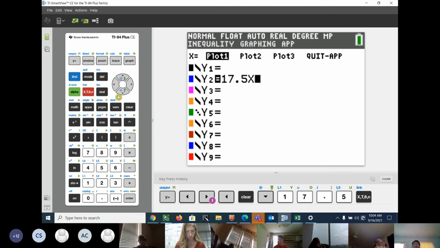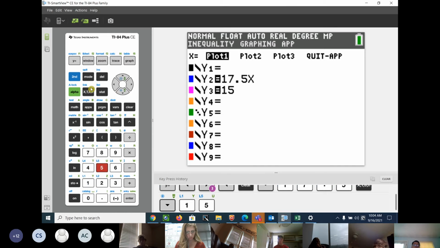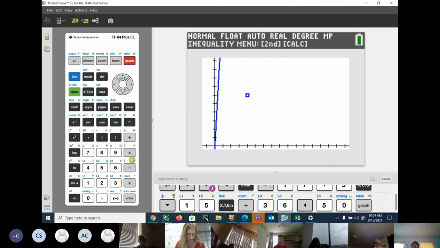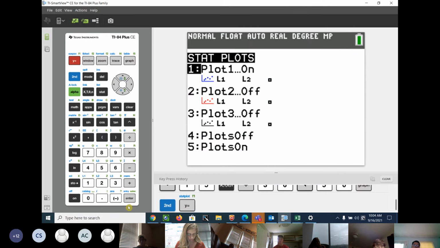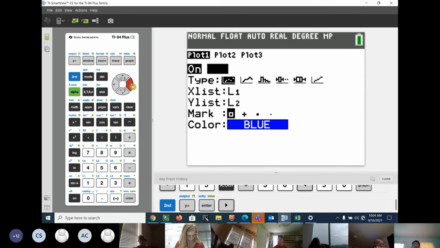And then I'm going to drop down to the magenta and 15x plus 350. Not 360, 350. And graph. Now I need to turn my stat plot off because it's messing up. There we go.